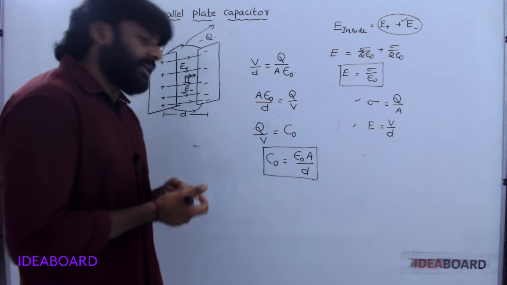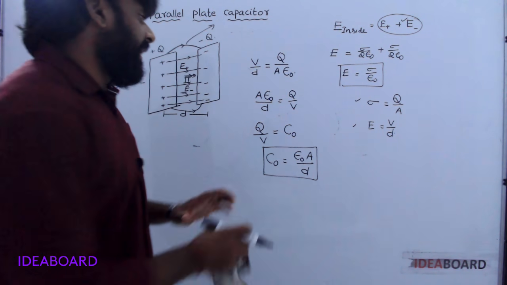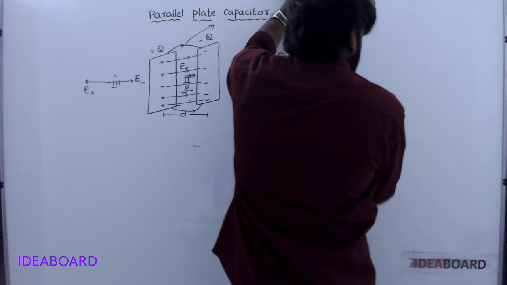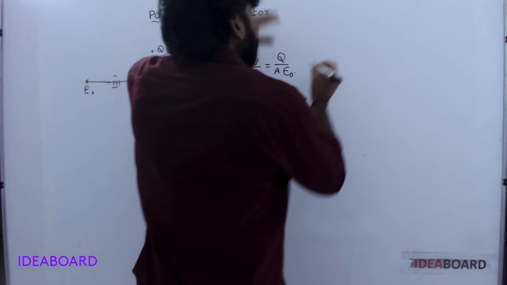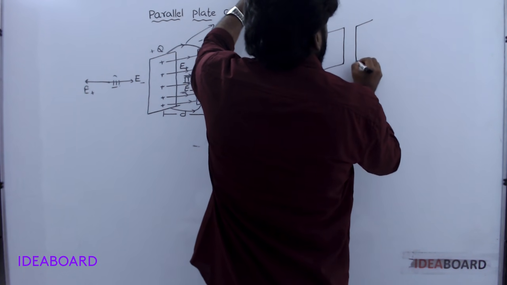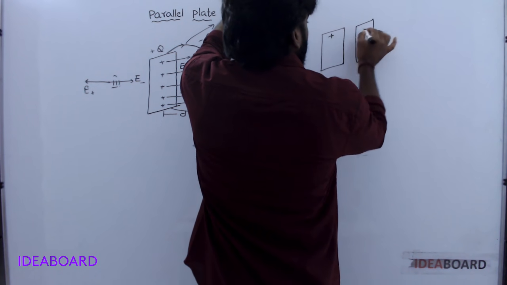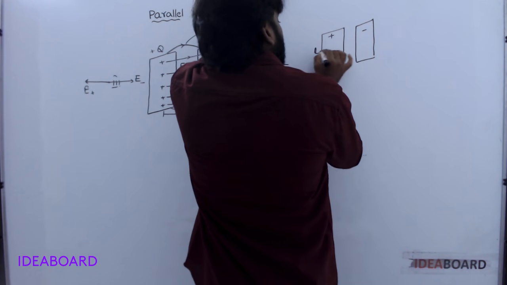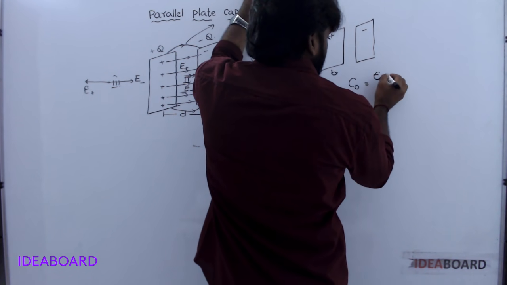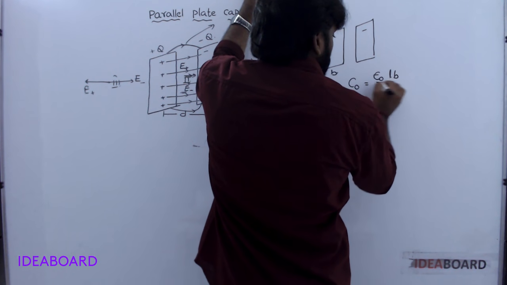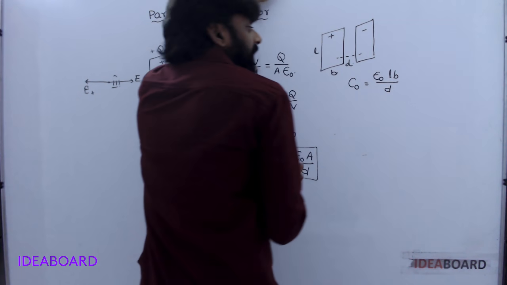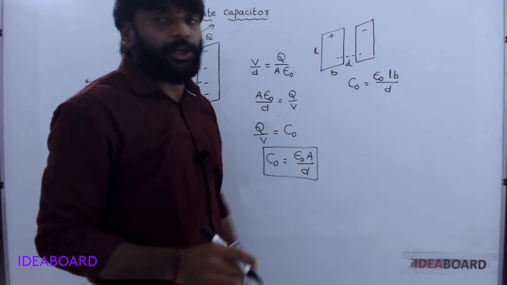D means the separation distance. If you take rectangular plates, with length and breadth, then capacitance is equal to epsilon naught, area means length into breadth, by the separation distance D. Understood? Area is equal to length into breadth.